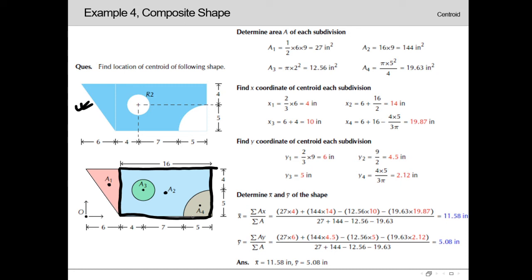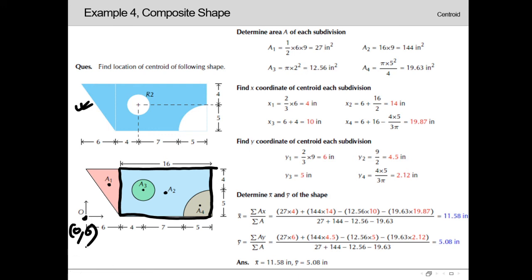So starting with our first segment, let's set the reference axis over here. This is our 0, 0 point.